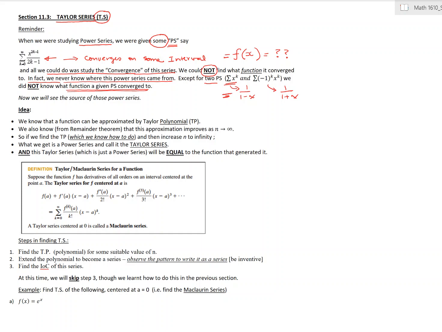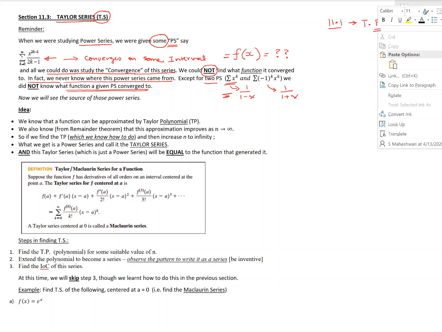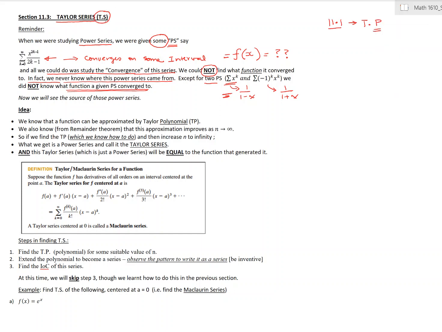So again, quickly reminding you, in 11.1 we saw Taylor polynomial. Please start making a distinction between Taylor polynomial and Taylor series. Now this section is on series. So 11.1 was mostly on Taylor polynomial, which was to approximate a function.